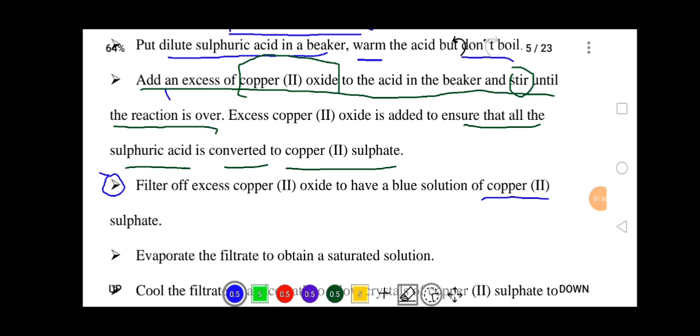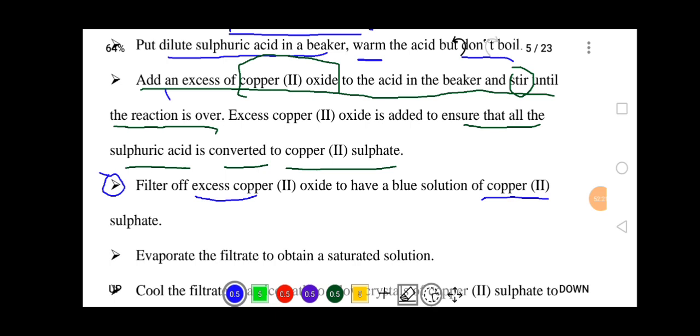Initially, you are not going to see a clear solution of the product copper 2 sulfate because of the black substance which is going to be mixed with the blue copper 2 sulfate that has been formed. So you need to filter off the excess copper 2 oxide so that you can remain with a clear blue solution of copper 2 sulfate.